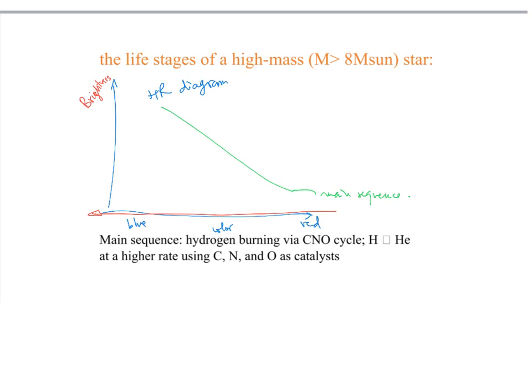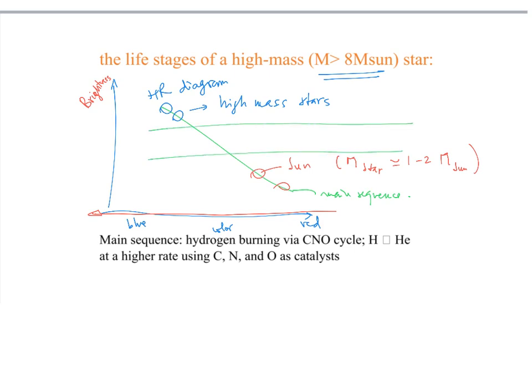So we talked about the low mass stars, say like the sun, so M star 1 to 2 solar masses. And now we are going to talk about the high mass stars with masses at least 8 times the mass of the sun.